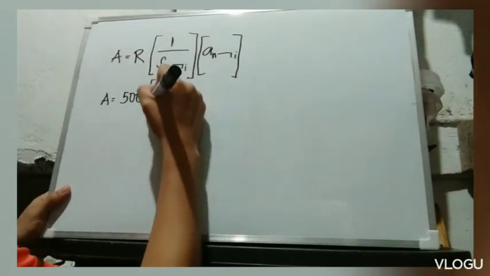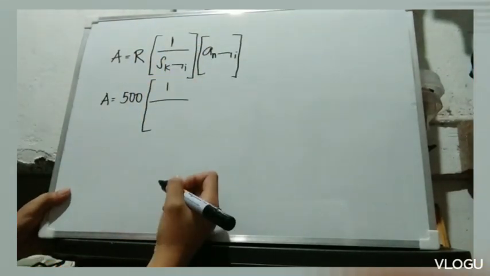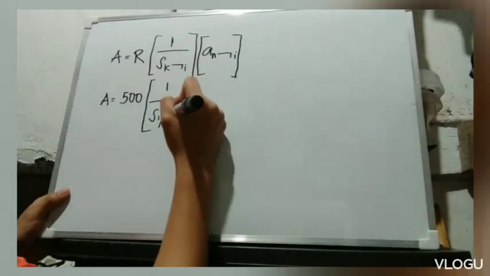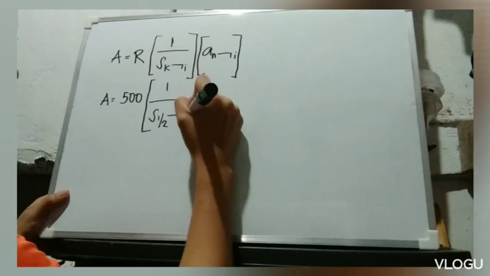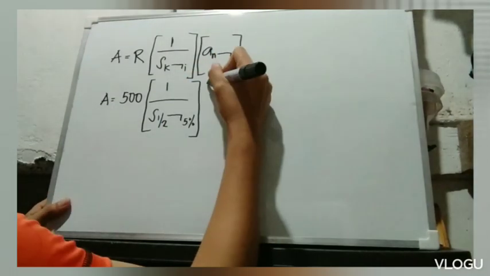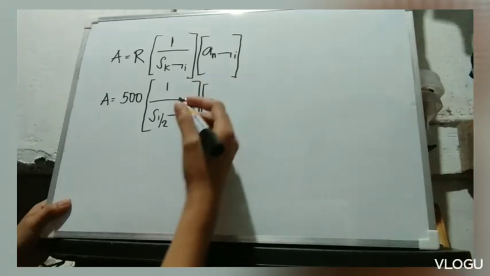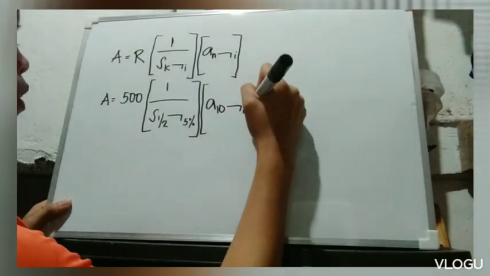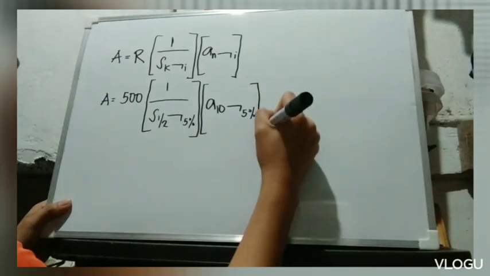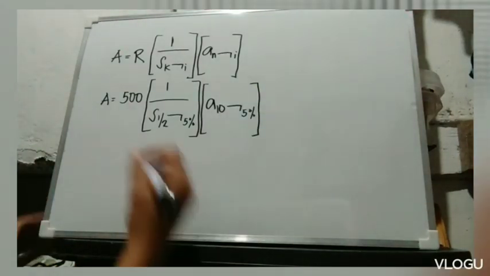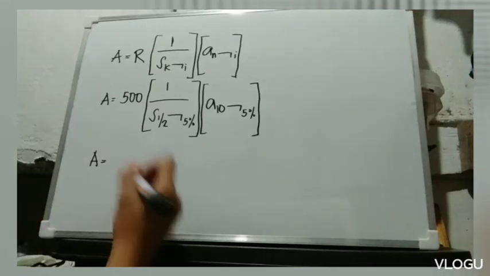Our R is 500, right bracket, copy the 1 over, copy the s, the value of our K is 1/2, write 1/2 angle 5% our I, bracket a angle, the value of our N is 10, copy the 10, and the value of our I is 5%.